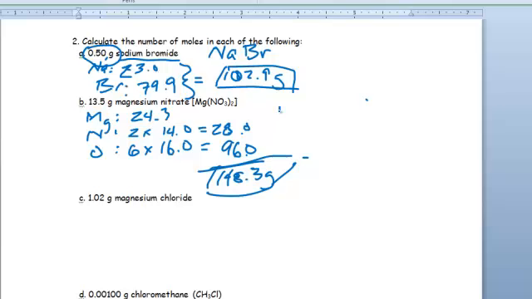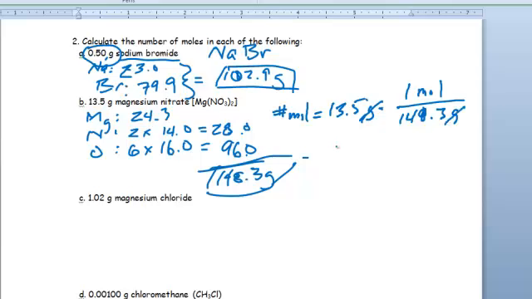Number of moles equals what we're given, 13.5 grams. 13.5 grams times 1 mole. So here's our conversion factor over 148.3 grams. Okay, grams. I didn't show you the cancellation on the last one, but grams cancels.